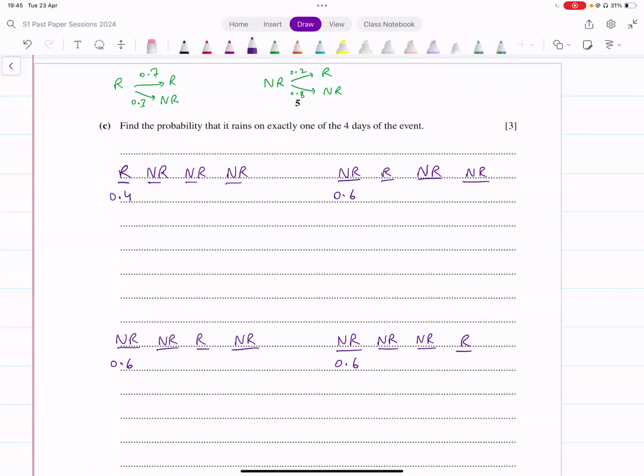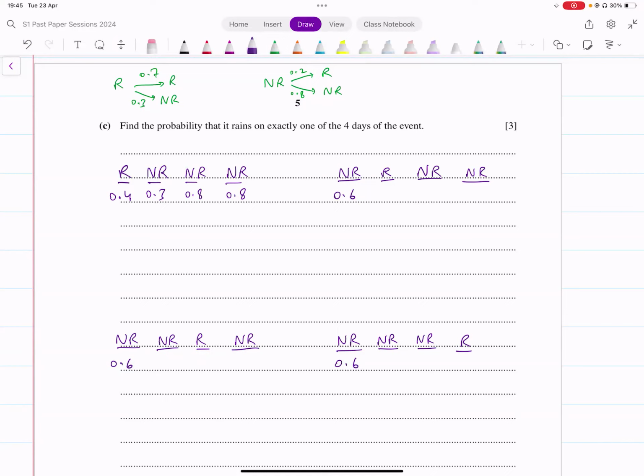Now, if it rained the previous day, what about probability of not raining the next day? 0.3. And now, what about the next day? It did not rain the previous day. Now the next would be 0.8 from here. We've got 0.8, and then again 0.8. And then the next case, no rain the first day, that's 0.6. What's the probability of raining given that it did not rain the previous day?